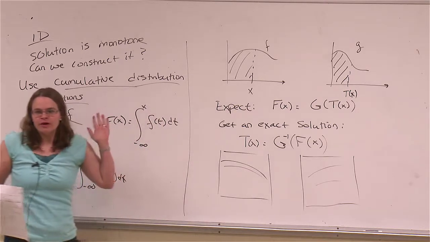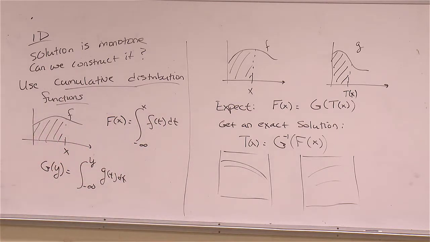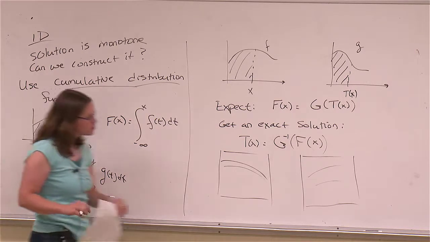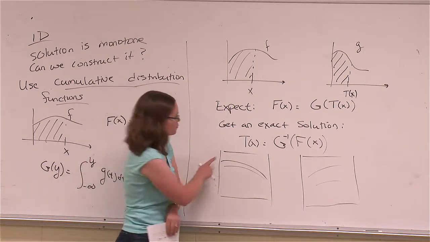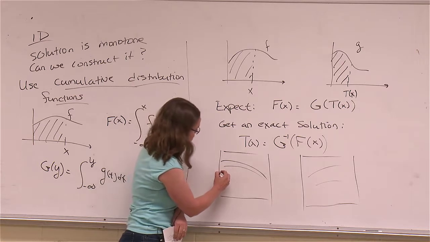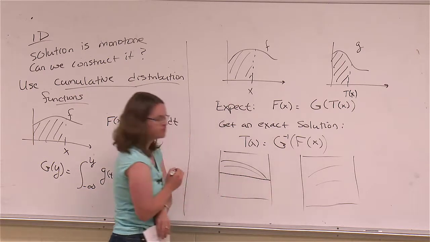So optimal transportation techniques are really, really nice for comparing these, but also very, very expensive if you've got very large scale data. So one trick that's been found to work really well is, instead of comparing all of this, to say, let's just look at little slices of this.